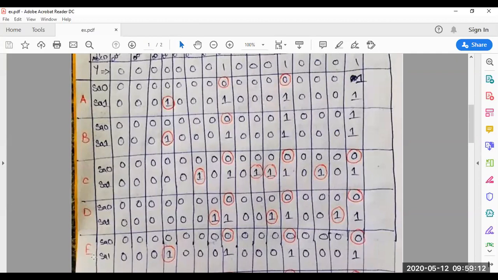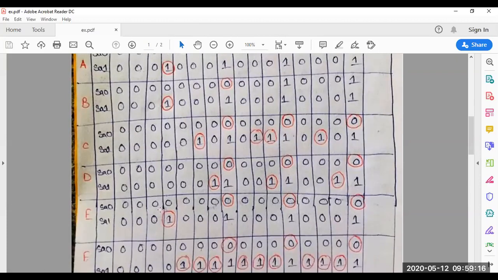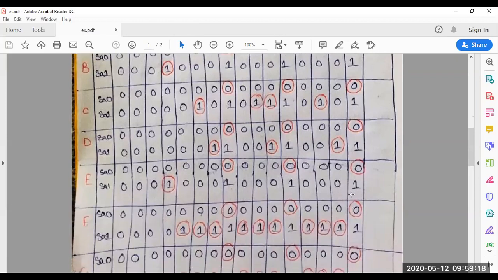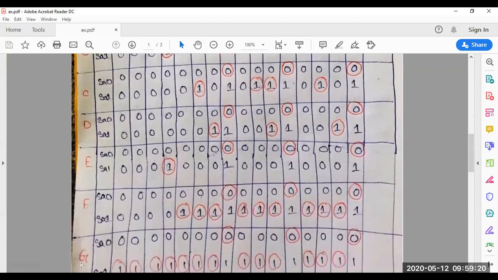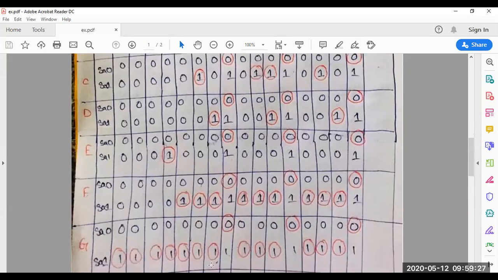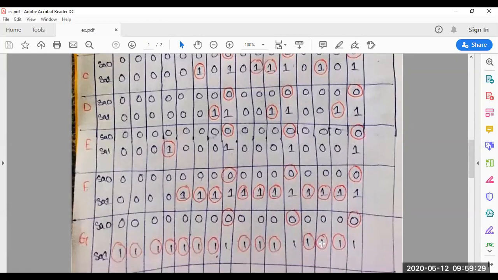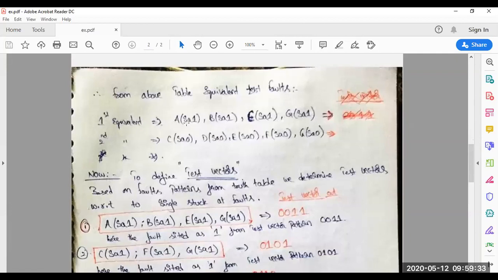In the same way, E stuck at 1 gives 1, 1, 1, 1, and we can identify the same faults at G stuck at 1 also. In fact, we have a number of faults, but G stuck at 1 is the final output that can be treated. So the equivalent set comes out with A stuck at 1, B stuck at 1, C stuck at 1, and G stuck at 1.